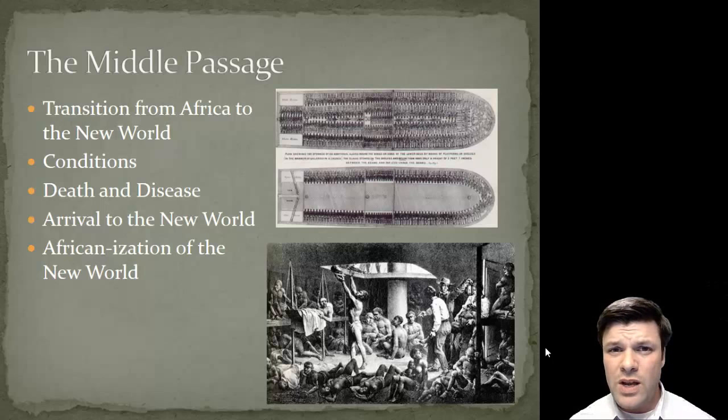You were at sea for weeks, sometimes months, and I think that the conditions of the Middle Passage could be best described as oppressive. You need to keep in mind that these people were not seen as passengers, they were seen as cargo. Similar to sugar that was going across the Atlantic Ocean, the more cargo that you could pack on your ship in the form of slaves, the more your profits would be once you got to the New World and unloaded your quote-unquote cargo.